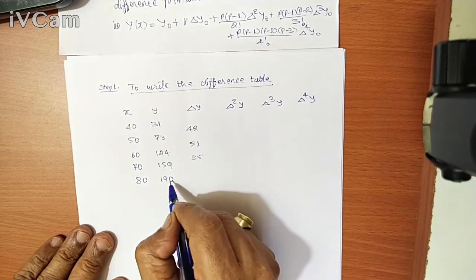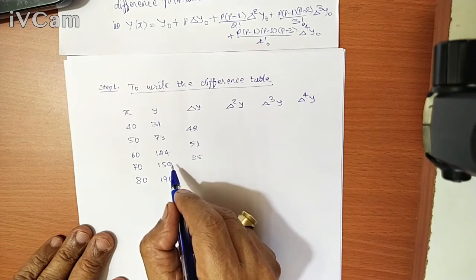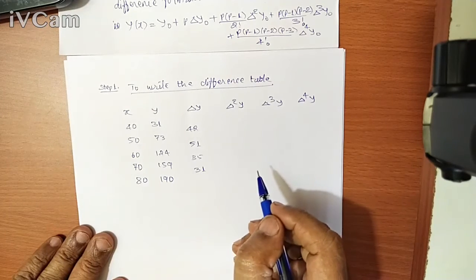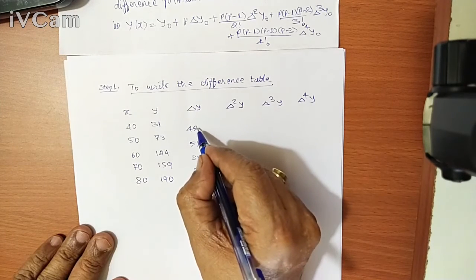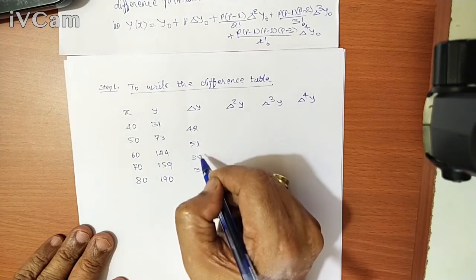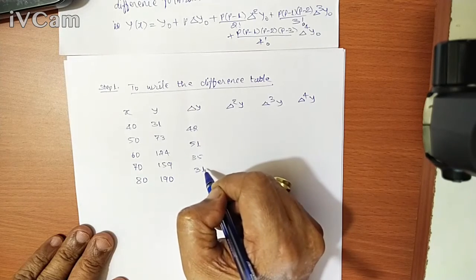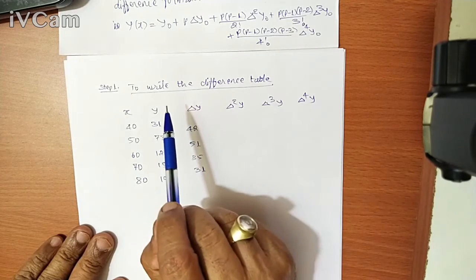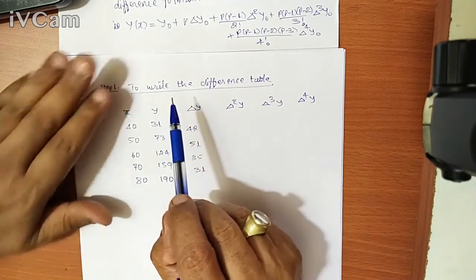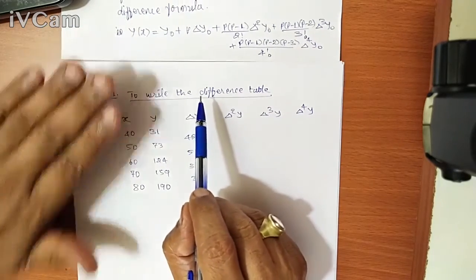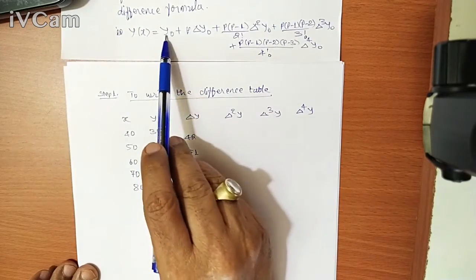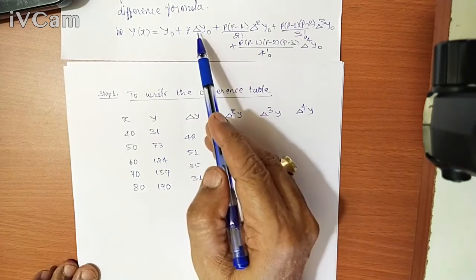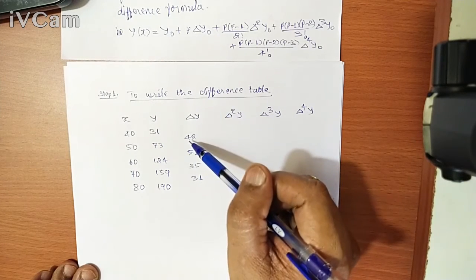Then 190 minus 159 is 31. So this is del of y naught, del of y1, del of y2, del of y3. This is y naught, which is 31, and this is del of y naught.